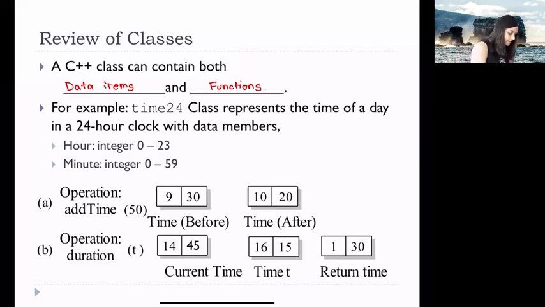For example, let's look at this class Time24. Here we see that we have two data items, hours and minutes. And we have two functions: operation add time, and operation duration.